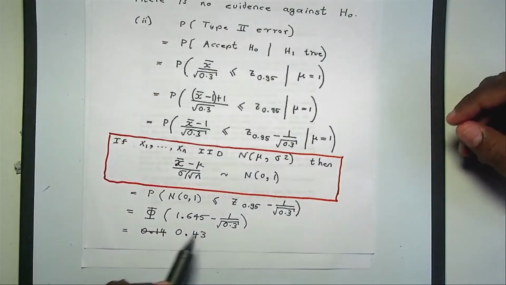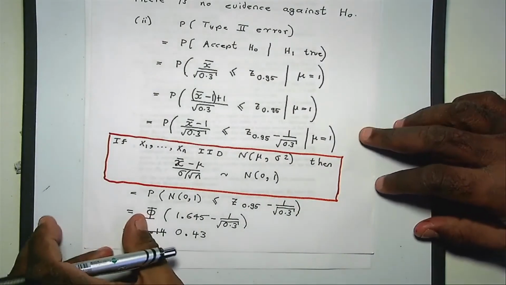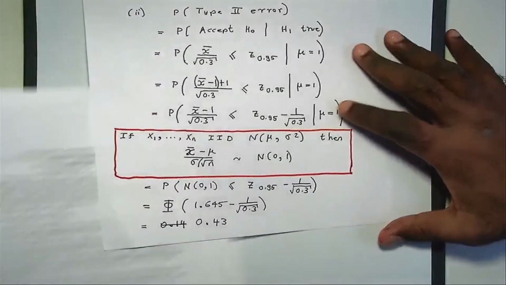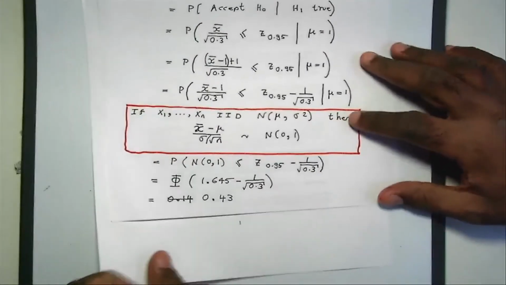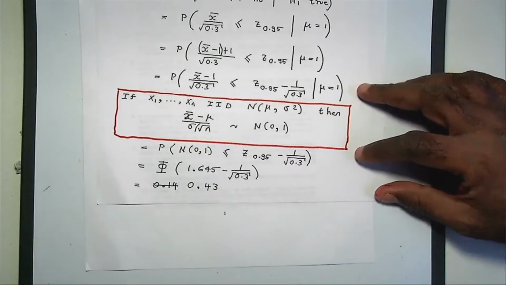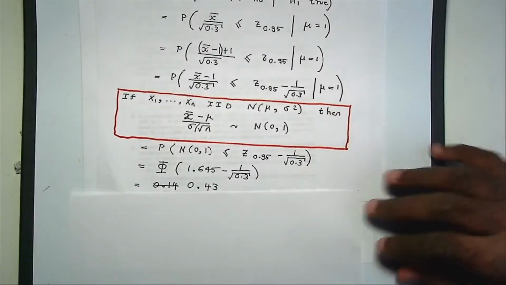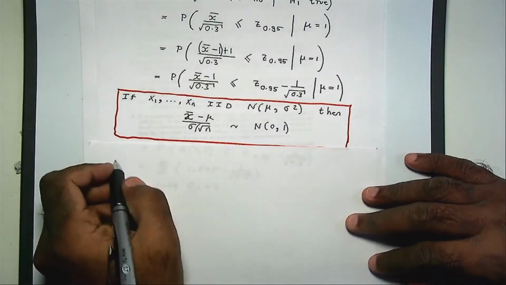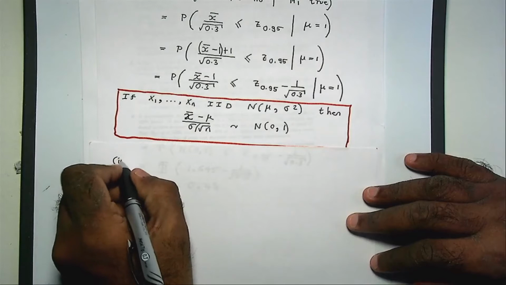Okay, 0.43. Now we need to do the same procedure that we have done here when mu equal to 1.5. So let's try to repeat this for mu equal to 1.5. Right. So this is still part 2 of question 2.